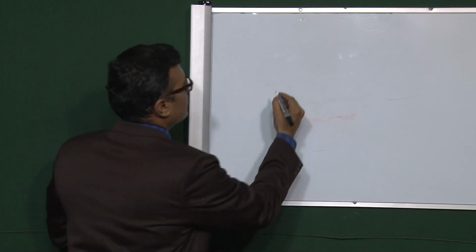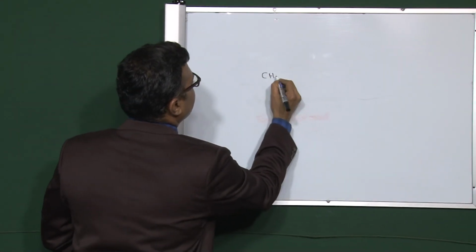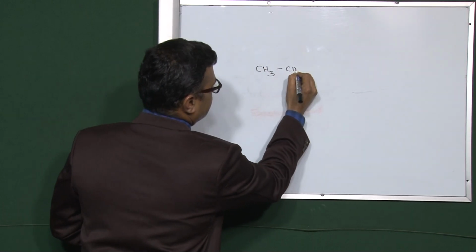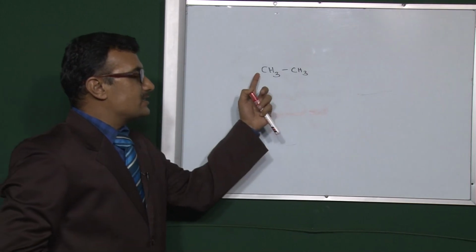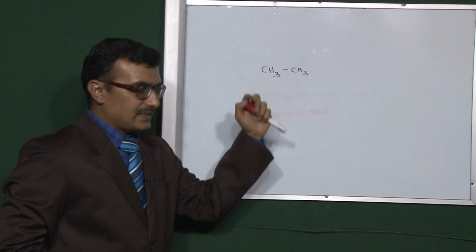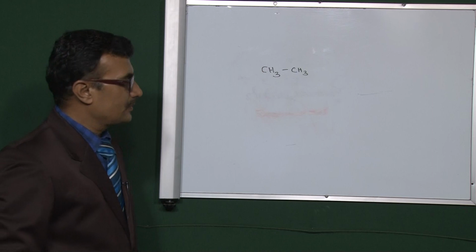All of us know the molecular formula of ethane. It contains 2 carbons and 6 hydrogen atoms.